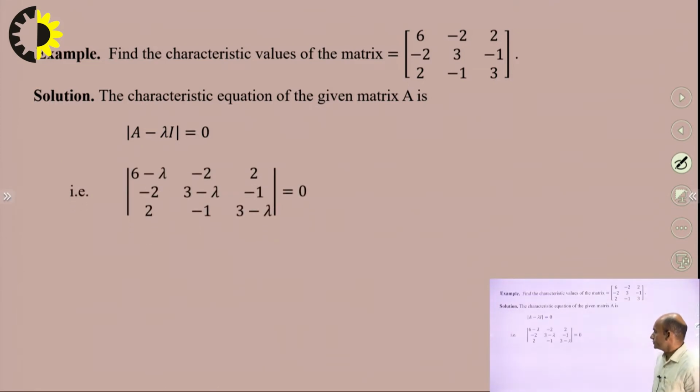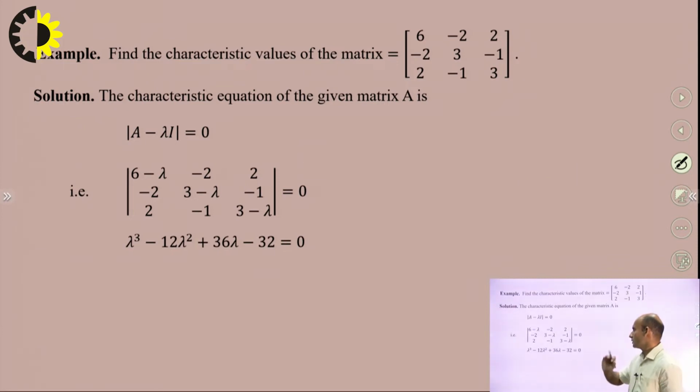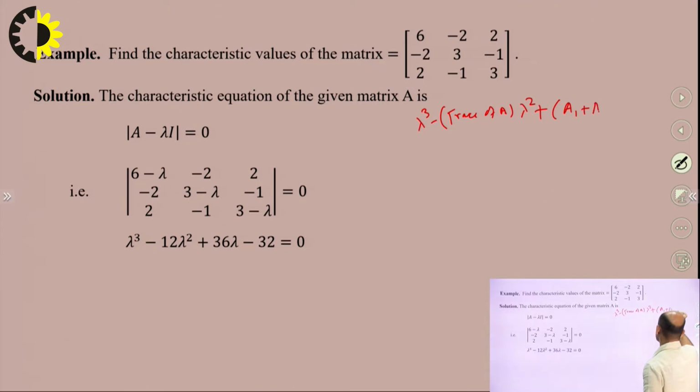Now this is 6 minus lambda, minus 2, and 2, and so on, and the characteristic equation will be lambda cube minus 12 lambda square plus 36 lambda minus 32. I will again discuss the method, the same method I have discussed: lambda cube minus trace of A times lambda square, and plus the minors corresponding to the principal diagonal.